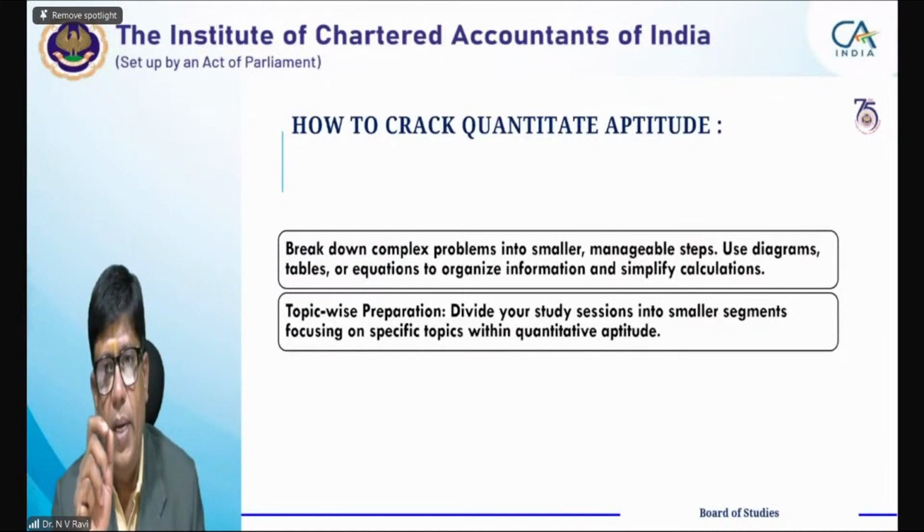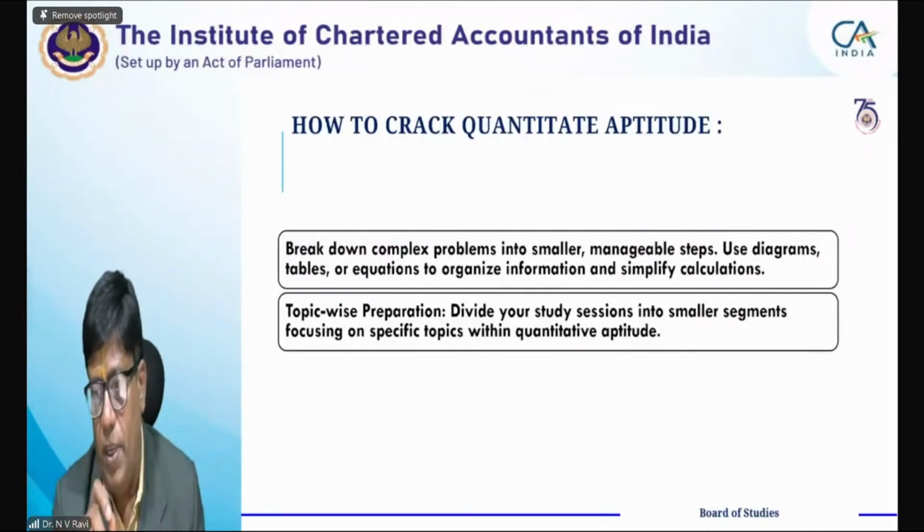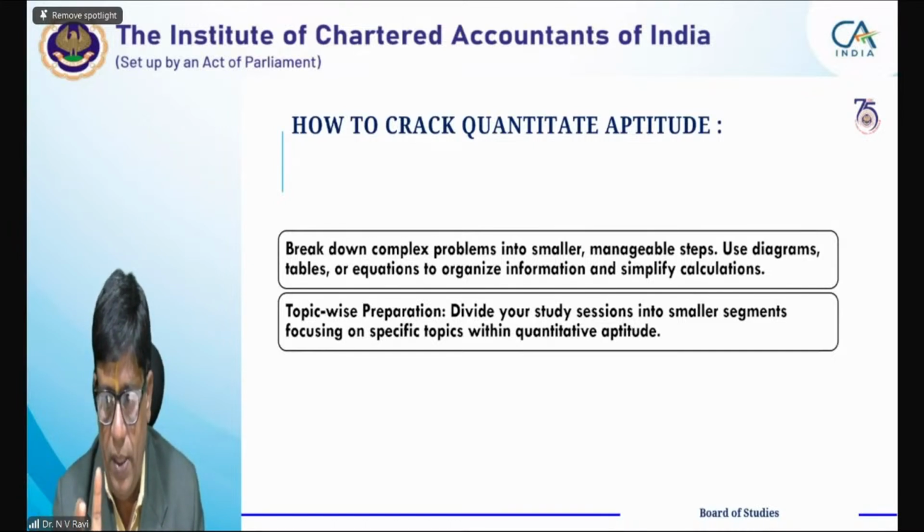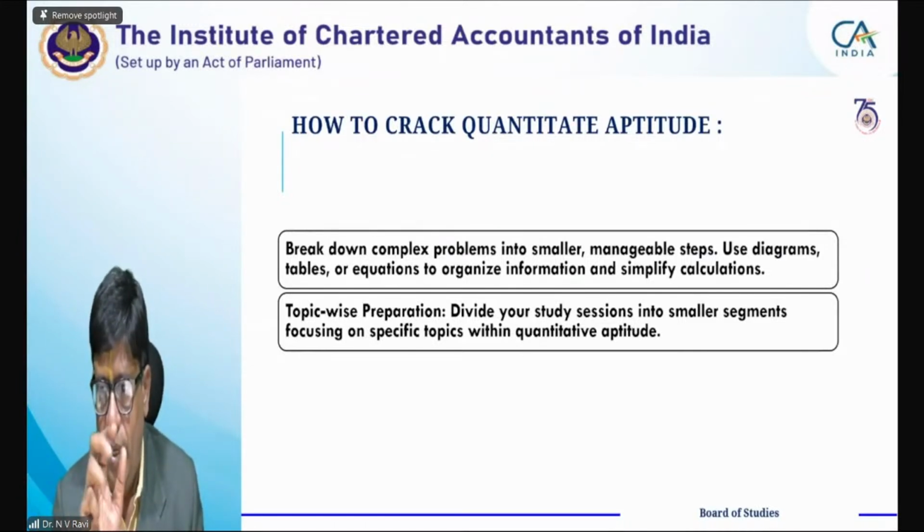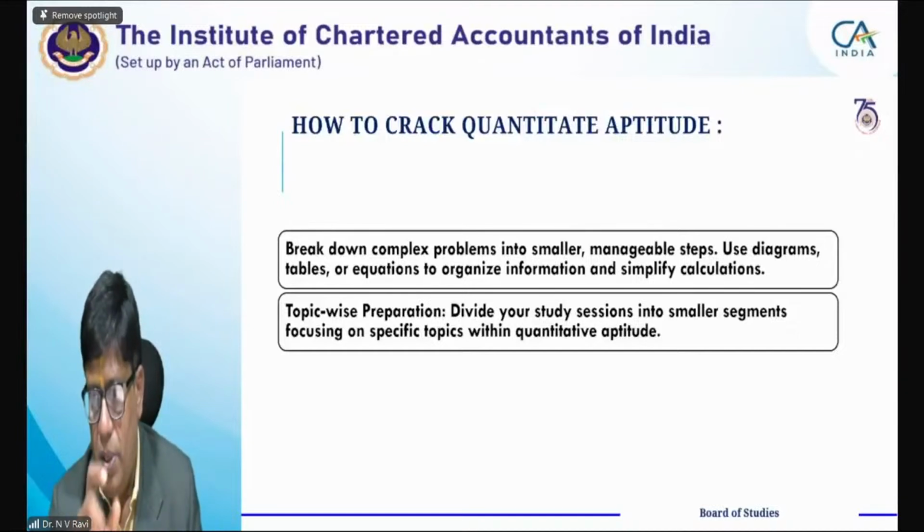If the number of observations is odd, it is the central position, the (n plus 1) by 2th item. Am I right? Yes, sir. If it is an even number of observations, it is the average of the n by 2th and (n by 2 plus 1)th items. Any doubt on this? Mode is the item that is repeated the most number of times.